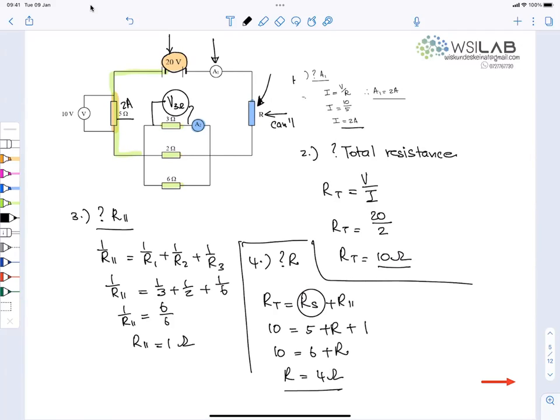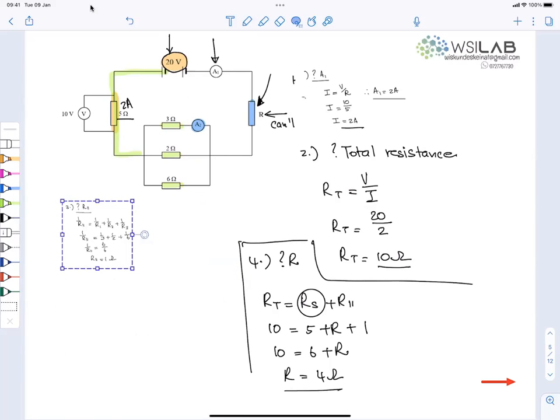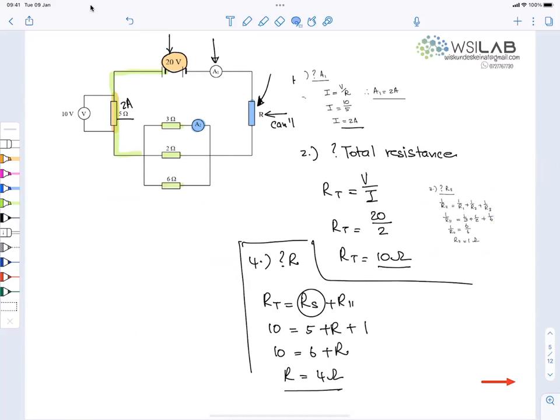Oh, the last one is just what? The last one is just that A2 reading. So now the last question, let's make that one pink. I want to know what A2 is.